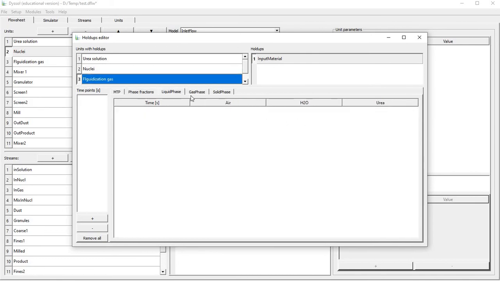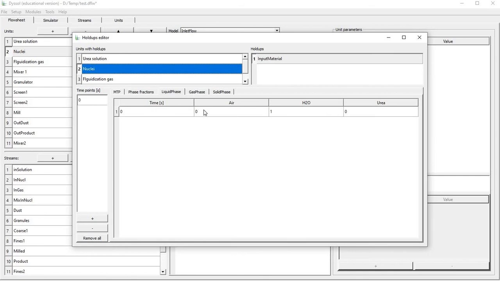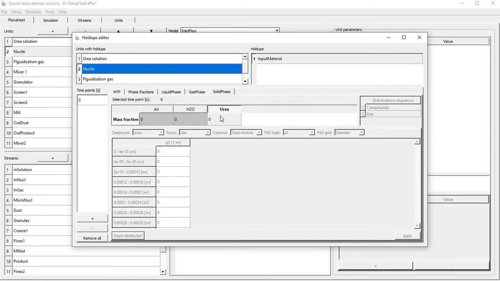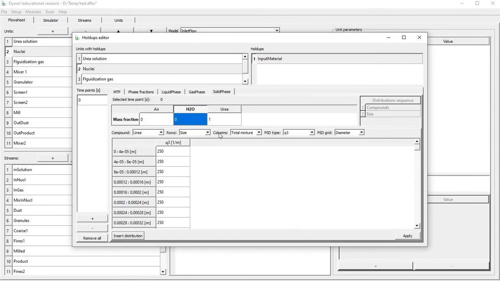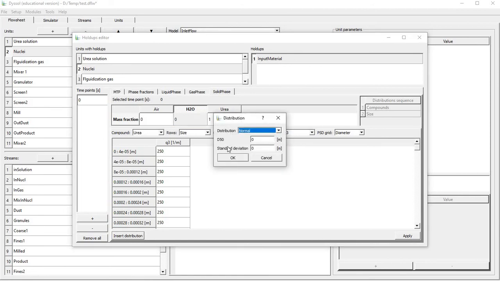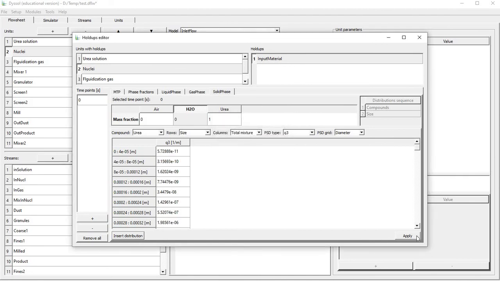For liquid and gas phase, I will use the same, and the solid phase totally consists of urea. But now here, for nuclei, it's necessary to define the correct particle size distribution. In this case, I will use a normal distribution with a median size of 1 millimeter and a standard deviation of 0.15 millimeter.